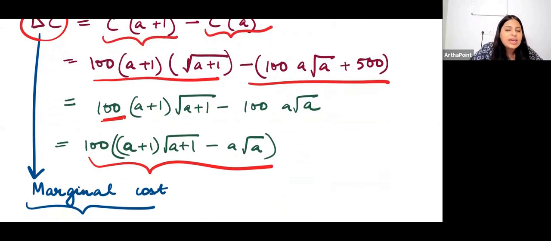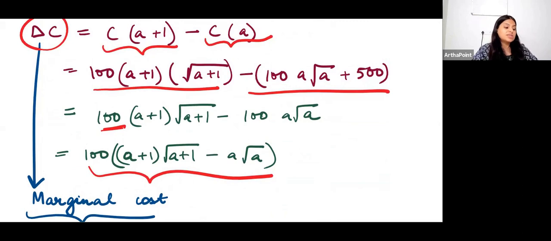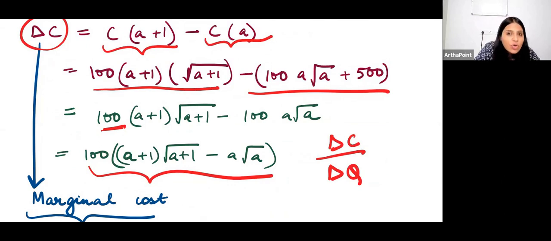Now, in microeconomics, we refer to this as marginal cost. What is the additional cost that you incurred when you increased your output? But we are going to argue that this is actually known as incremental cost.